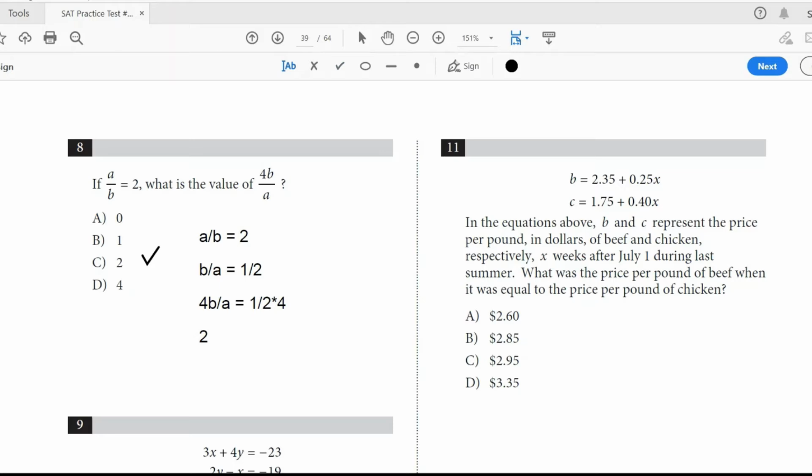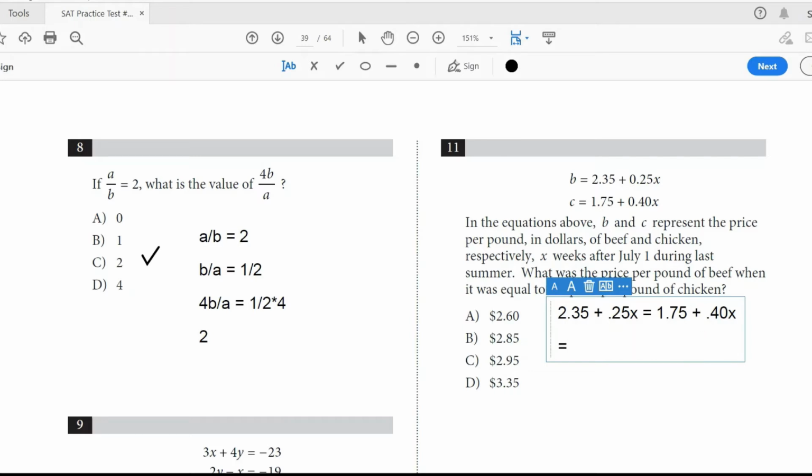Okay, so we have to find out what x equals when these are equal. The trick here is quite simple. Consider equal, we just make both sides equal. Equals 1.75 plus 0.40x. All right, 0.25, 0.40, it's automatically 0.15.